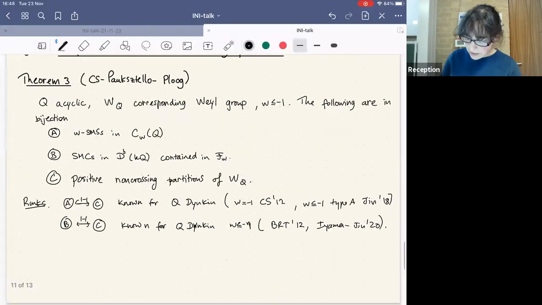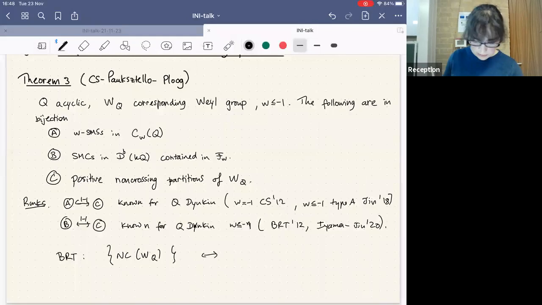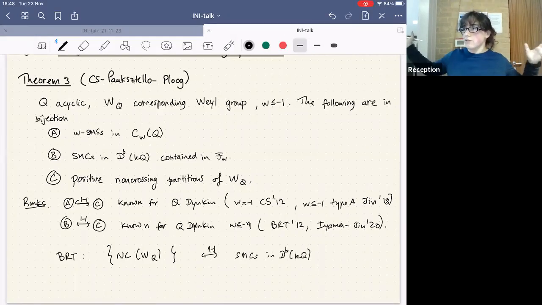And in fact, you can say, well, what about all the non-crossing partitions? Buan, Thomas and Wright showed that there's a bijection between non-crossing partitions, so this is all the non-crossing partitions, I'll define what these are soon, and simple-minded collections in the derived category sitting in a wider fundamental domain.